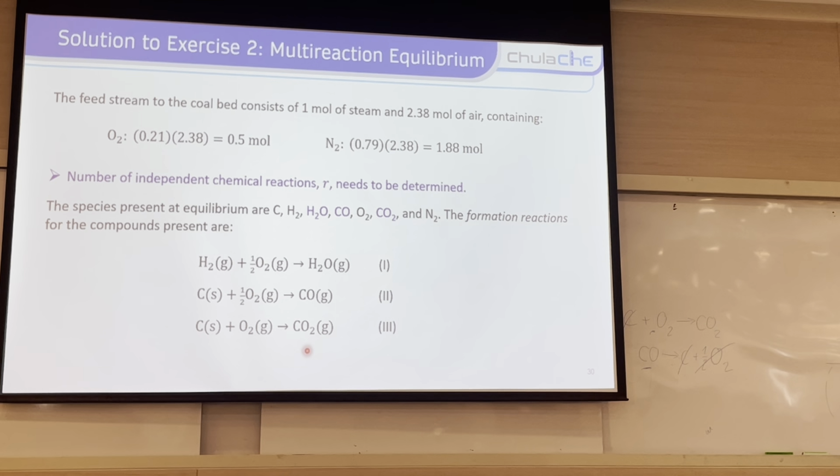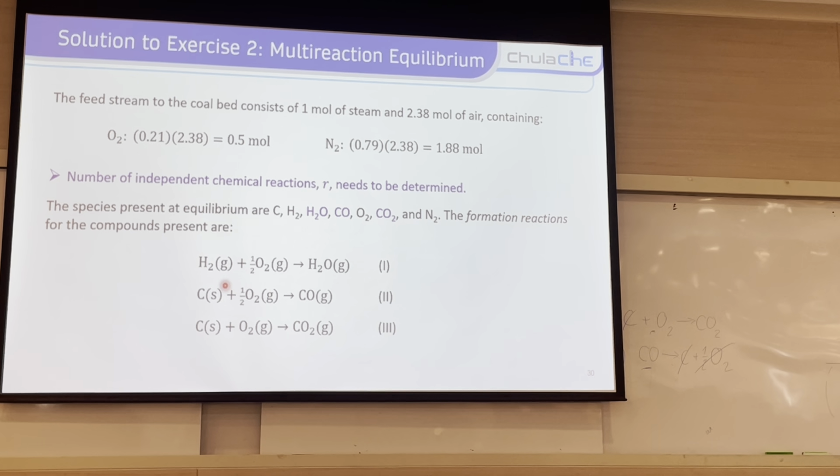So the second step is you have to eliminate the elements that are not present in the system. In the previous example, for example, it was carbon and oxygen, right? But in this case, both carbon and oxygen are present in the system as well.